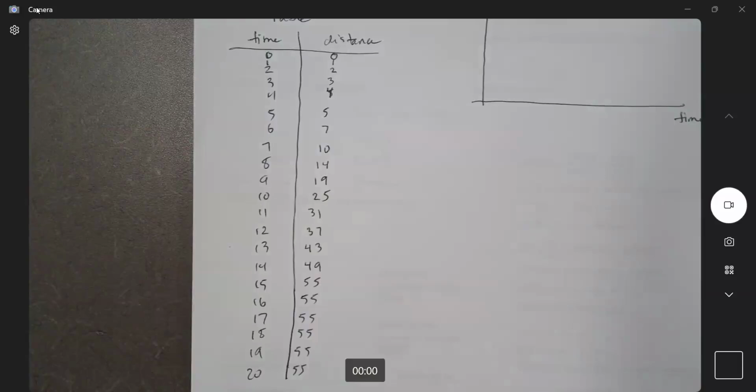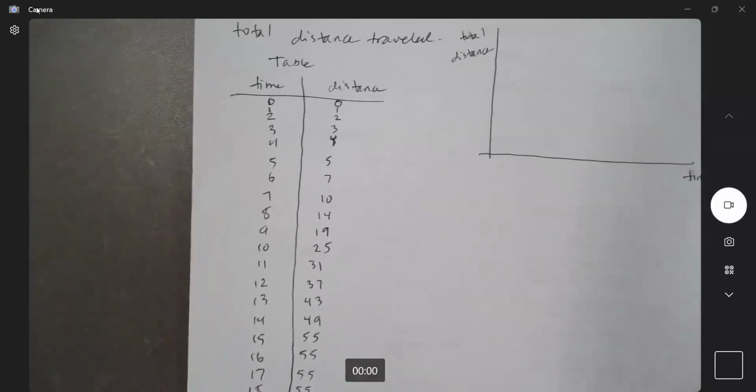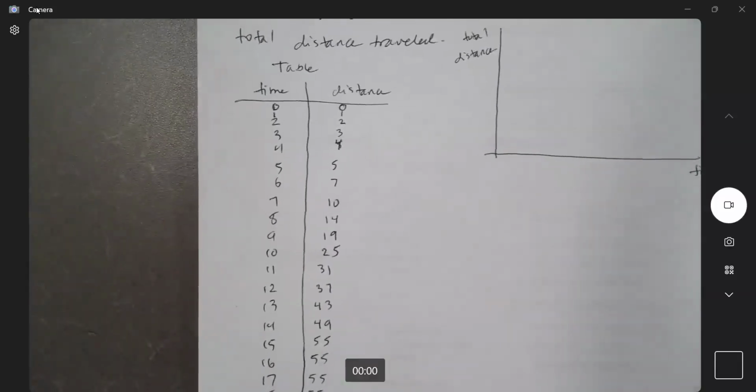Now that's an awful lot of detail for our graph, especially a hand-drawn graph. So let's switch over and let's look at Desmos. And for those of you watching online, you're not going to be able to see this, or maybe I can switch the screen.